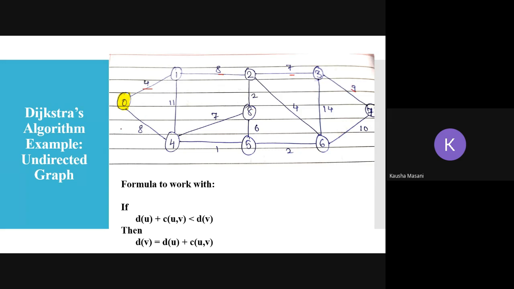Again, you can check 8 plus 7 plus 6 plus 2 plus 10, or you can go by 4 plus 8 plus 2 plus 6 plus 2 plus 10. So there are several combinations to reach till 7 from 0, right? But which one will give you the shortest distance? You don't have that much time to go and check, and that's why that work is done by the algorithm.